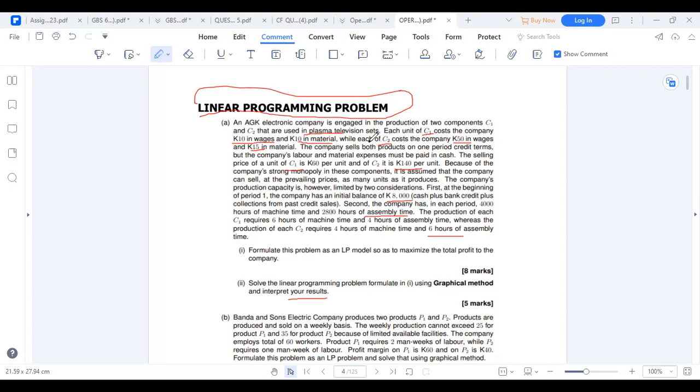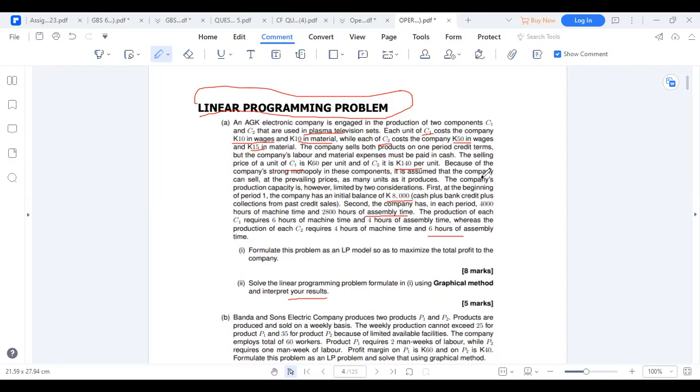And then the other one here for C2, the wages is 50 kwacha, and then the material is 15 kwacha. And then the company sells both products on 1 period credit terms, but the company's labor and material expenses must be paid in cash.